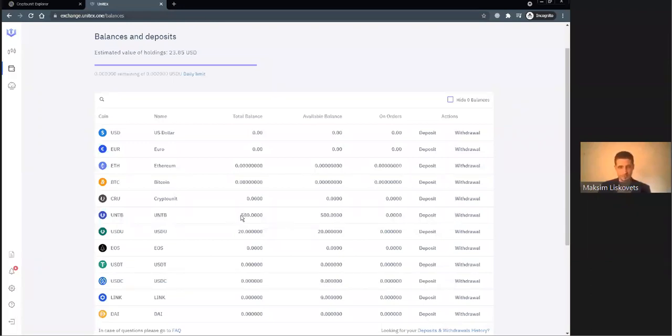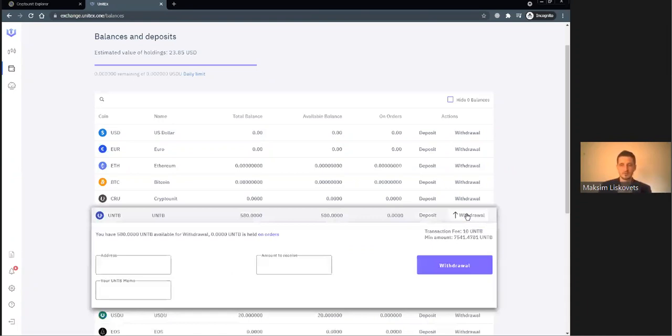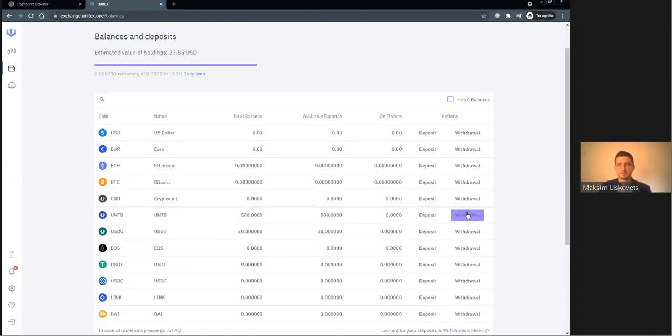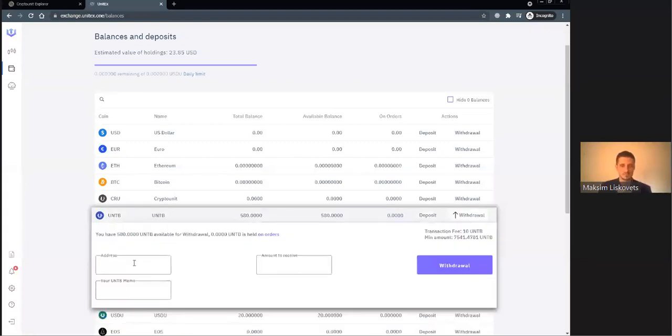So you see, now we have 580 UNTBs on our exchange account, both total balance and available. Now we go back to the withdrawal. To withdraw the desired amount of tokens or any other funds from your exchange account to any other wallet, you need to click on withdrawal.